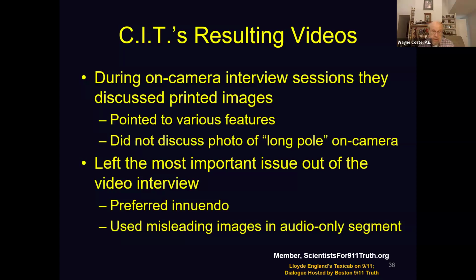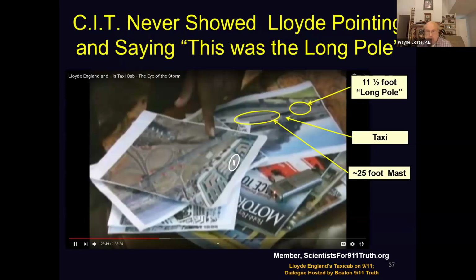But they left all the most important issues out of the video interviews, and they preferred innuendo and misleading images. In an audio segment, here he talks about... CIT never showed Lloyd pointing and saying this was the long pole. He's pointing at the pictures. There's discussion. Craig actually gave you kind of an overview of what kind of a conversation this was.